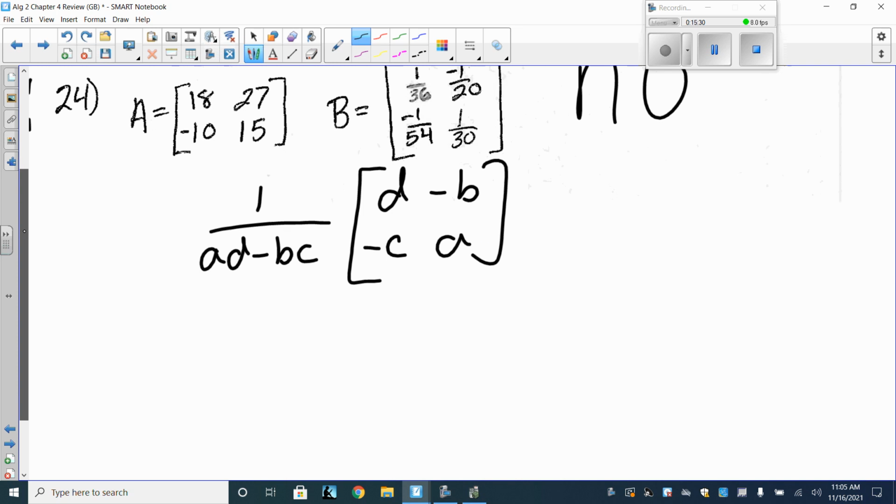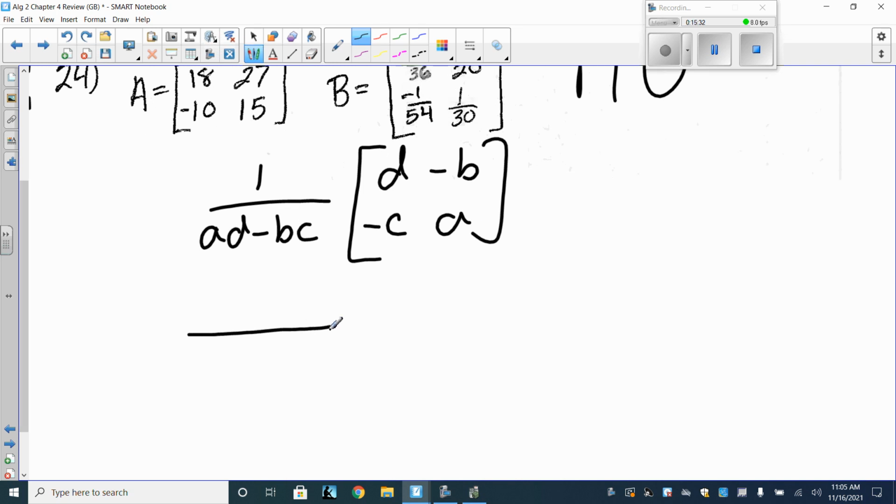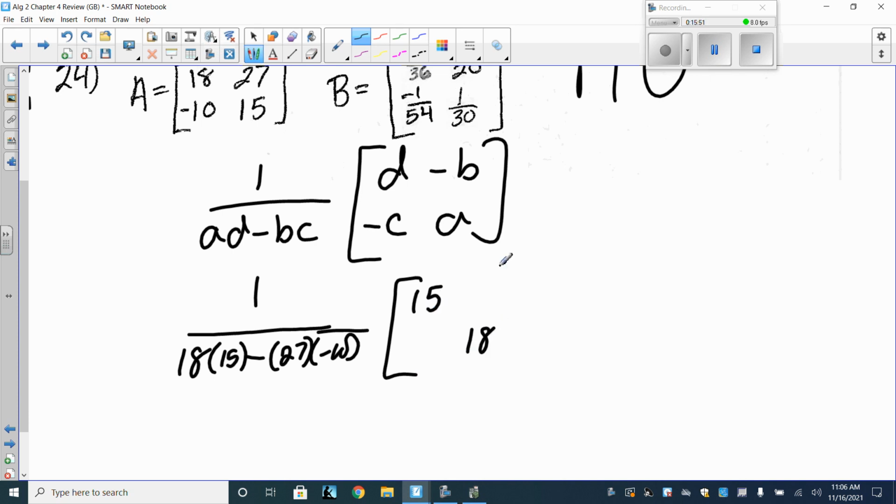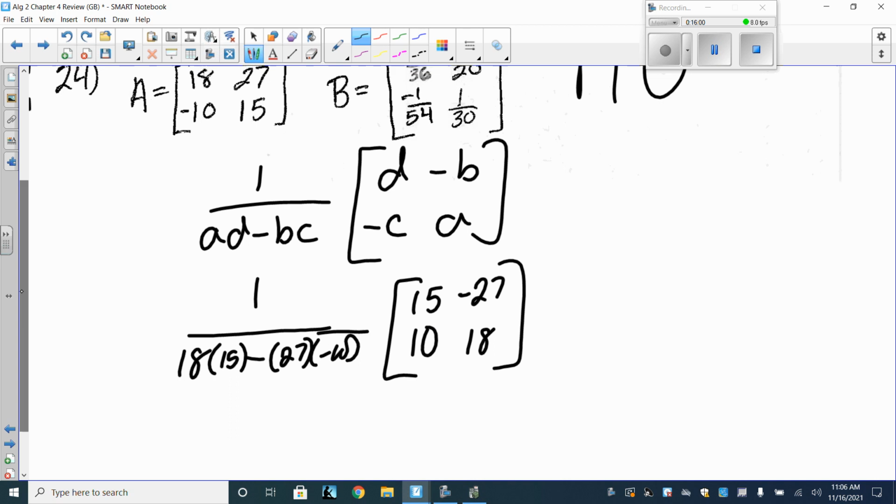Now for us here, this would be 1 over 18 times 15 minus 27 times negative 10. Inside the matrix, A and D would flip places, so 15 and 18. 27 would become negative, and negative 10 would become positive.